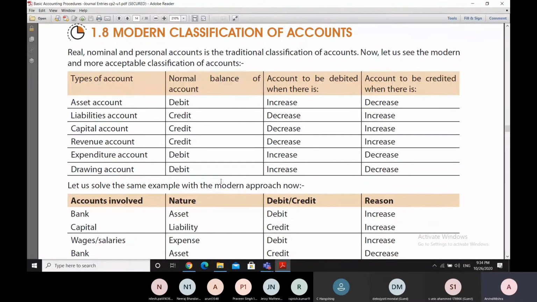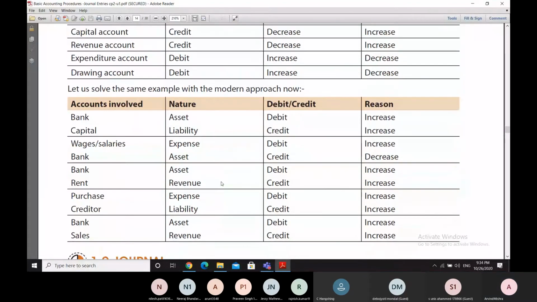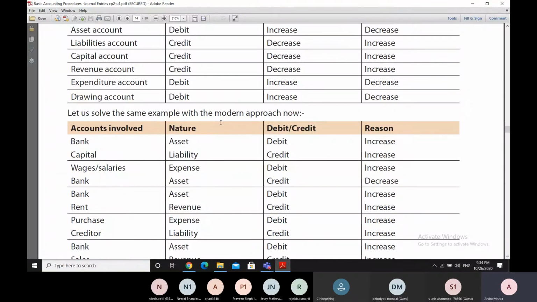Now let us solve the same example with the modern approach that we had taken earlier. Here what we are doing is that first we are writing the accounts which are involved in the transaction, and then we are writing what is the nature of that account, whether it is an asset account or a liability account or a capital account or revenue account, expenditure or drawing.